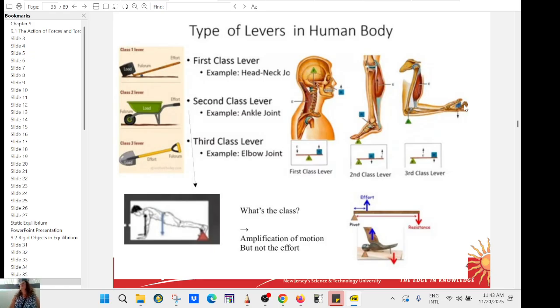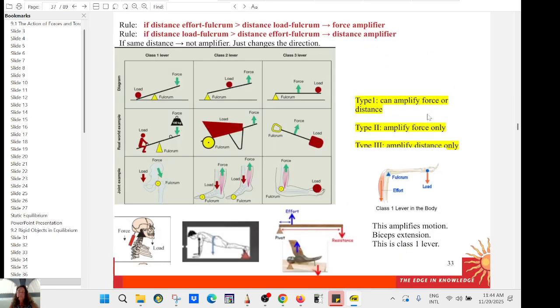You cannot curl that much weight because it's not designed for that. It's designed for distance amplification. That's why the bone here is very easy to break. It has a very small weight capacity because it's not designed to curl that much.